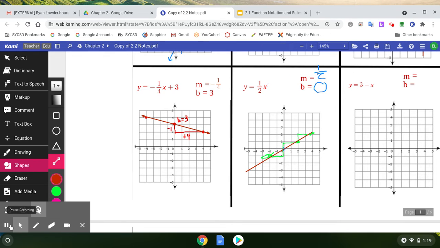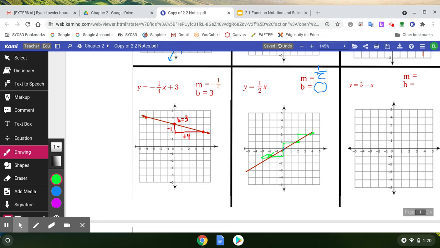And in the final example on this page, this equation is actually also written a little differently. So our b value, aka our starting amount, has actually been written first. So that means b equals 3.